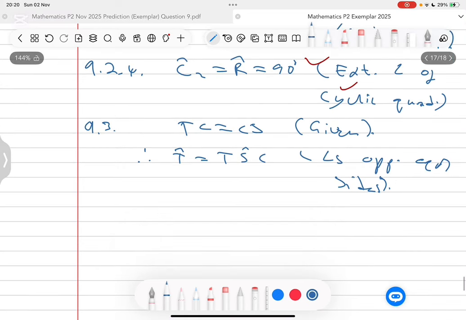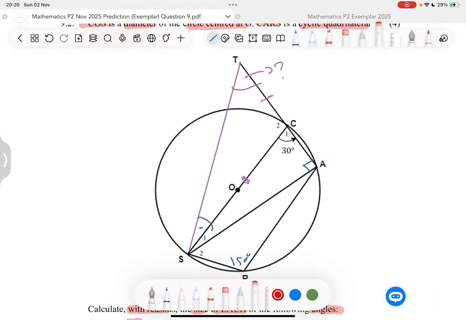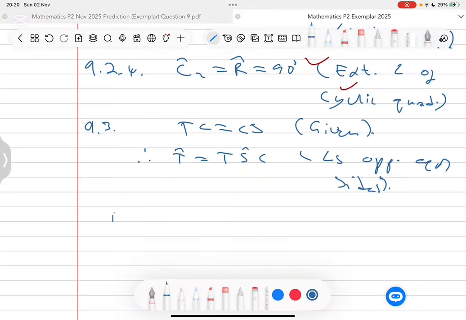Now, these two arguments will assist me to then look at this as a triangle. I mean, really, this is a triangle. It means then again, I'm going to use the sum of angles in a triangle. I'm going to then say angle T plus angle TSC plus angle C2, they must be equal to 180 degrees. I hope we don't suck.